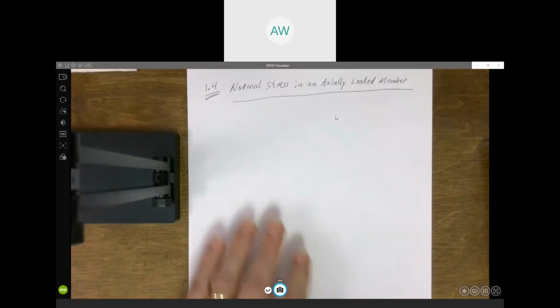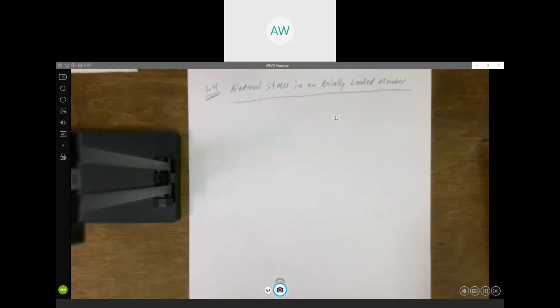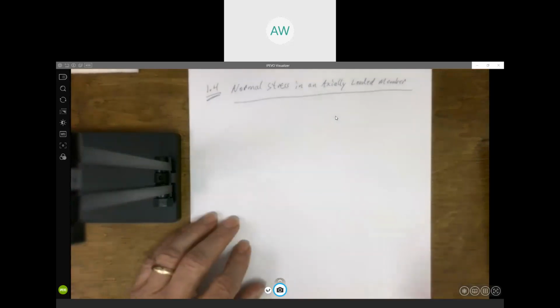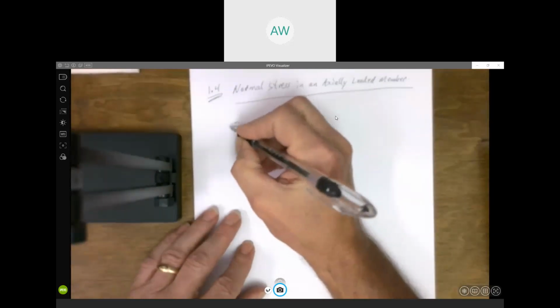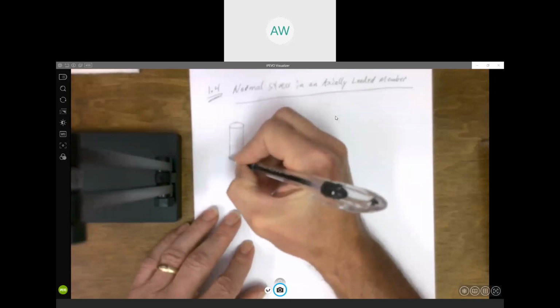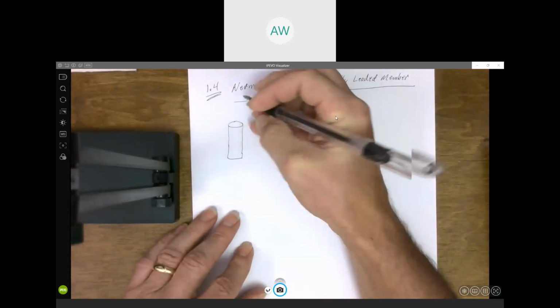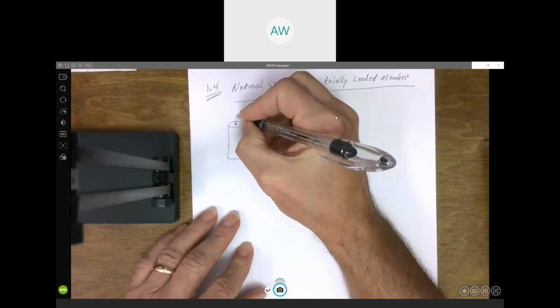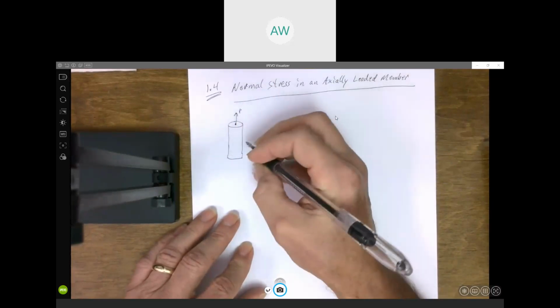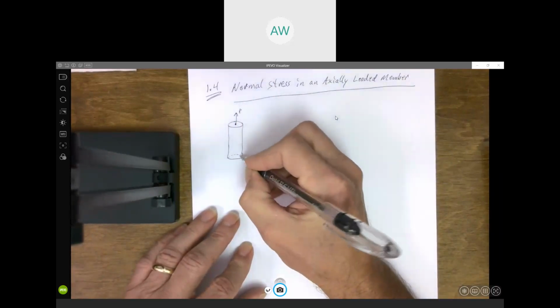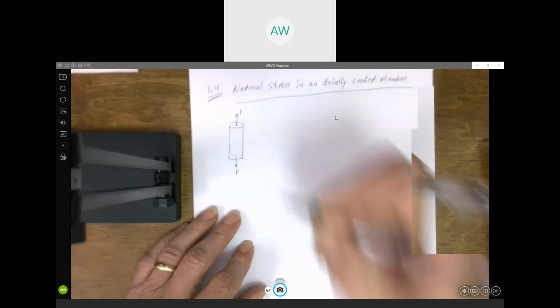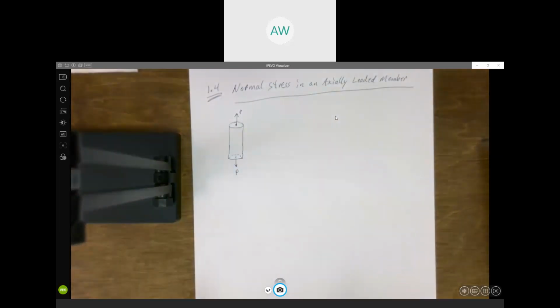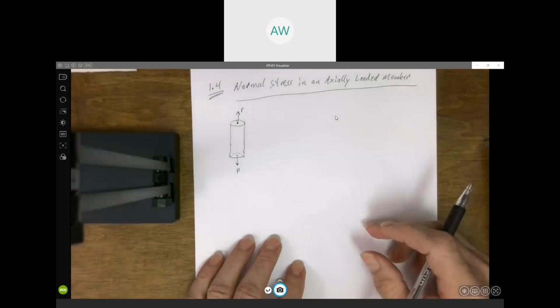Again, we're really limiting what kind of situation we're looking at here. We're limiting to something like this, where you've got a bar, and the only load applied is going to be this axial load we'll call P, right?